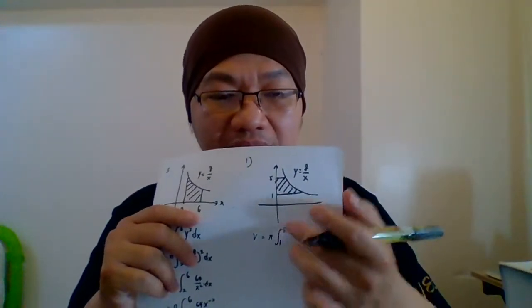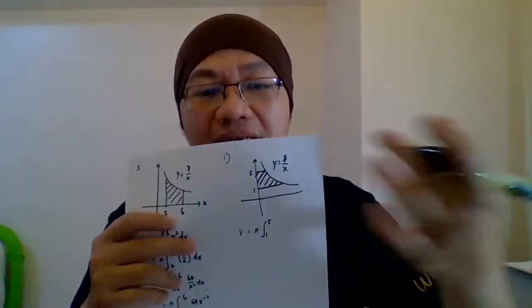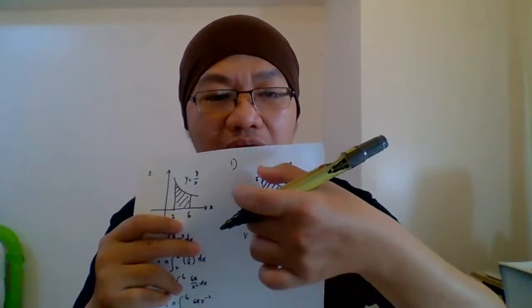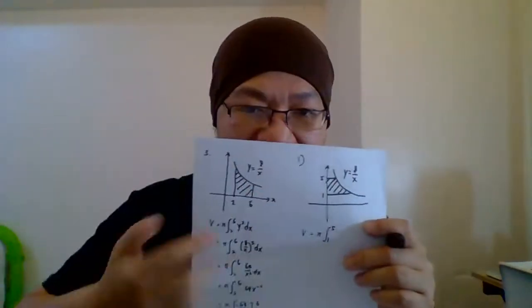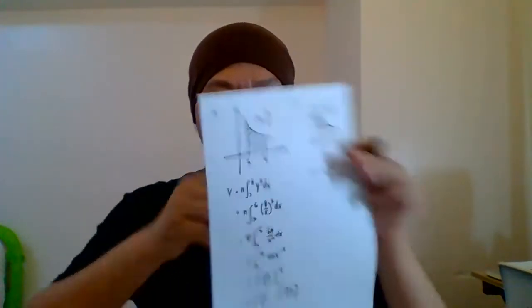So V equals pi integrate from 1 to 5. Why am I using 1 to 5 as my limits? Because it is against the y-axis. When we talk about against the y-axis, that means the limits must use the coordinates of y. If against the x-axis, you must use the coordinates of x as your limits. Always remember that.